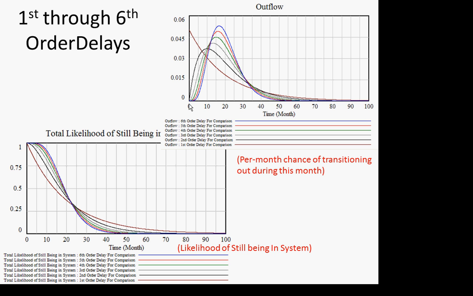For those from an engineering background, this may remind you a little bit of what's called the Dirac delta function. I don't know if any of you folks have heard that, written as delta of t.